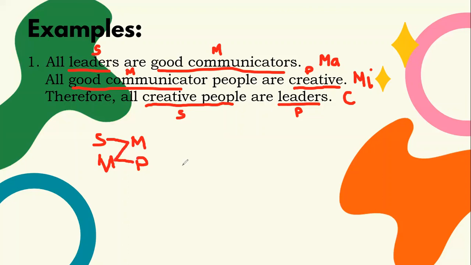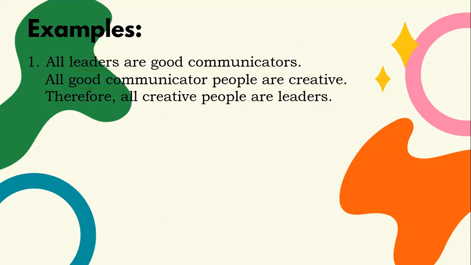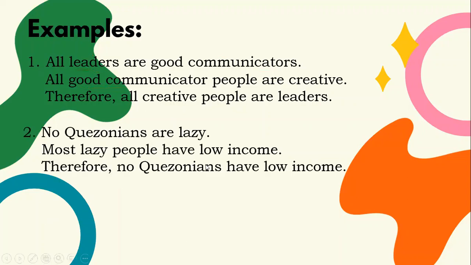Sa module, makikita po ninyo na kapag ganun yung ginamit, saan siya pumapasok na figure. Hindi ko na masyado dididiscuss yan, ha? Ganun lang po yung pag-identify ng subject term, predicate term, the major premise, the minor premise, and the conclusion ng categorical syllogism. Here's another example.